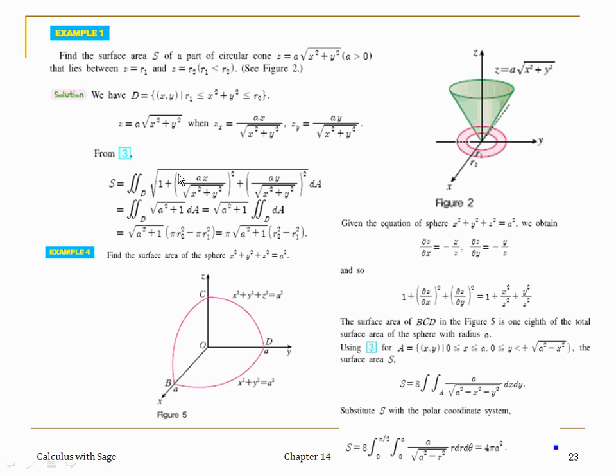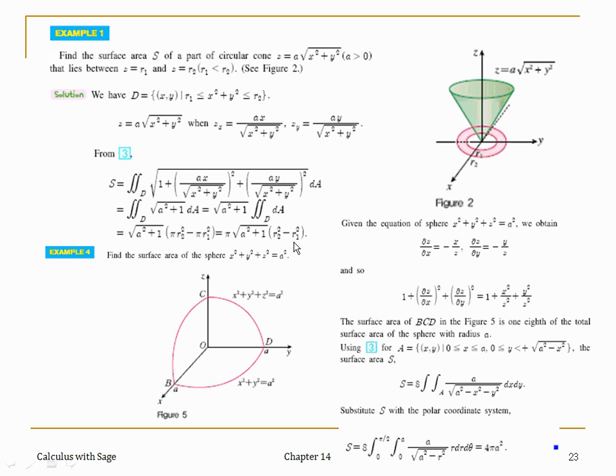And here the function is the square root of 1 plus the partial of g over x squared plus the partial of g over y squared, like this. So we can simplify this in this way, and this is a constant, so it can come out. The double integral of this one is just the area of this region, which can be easily found like this.